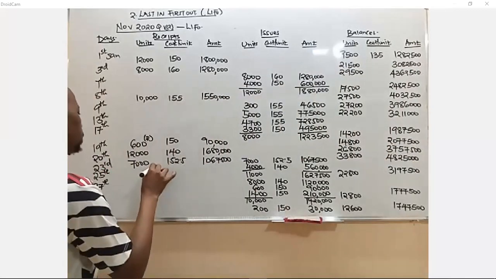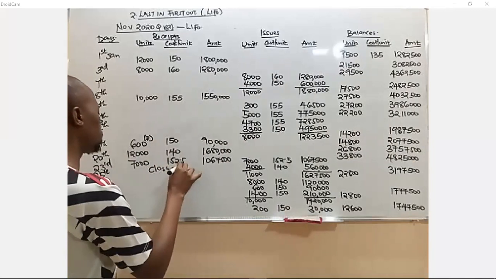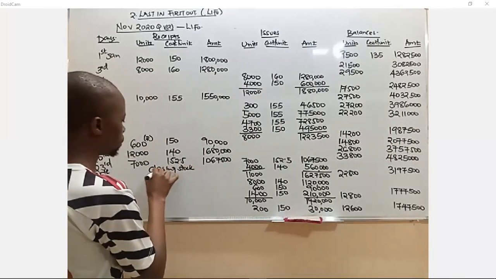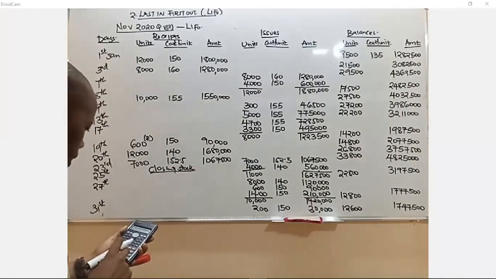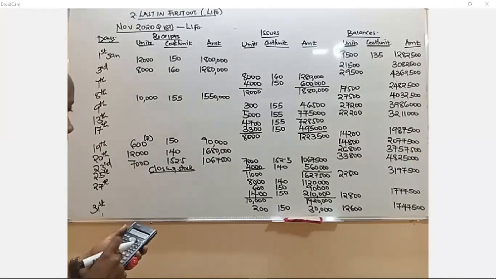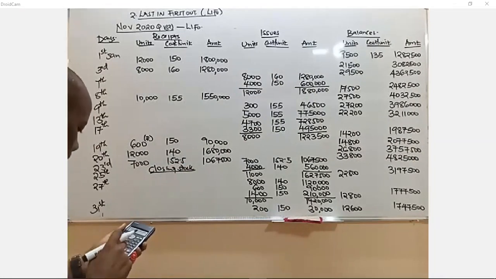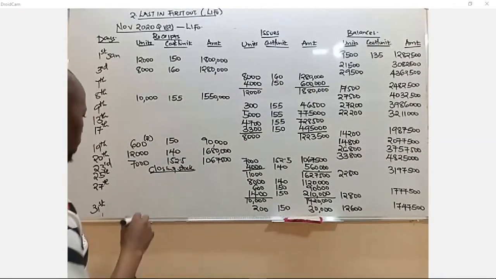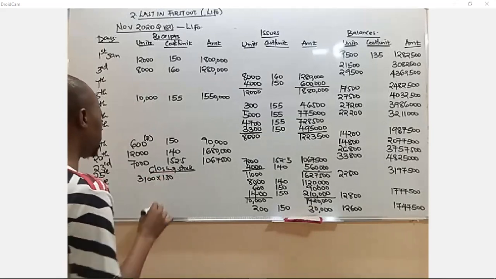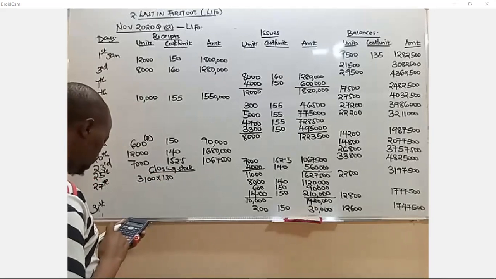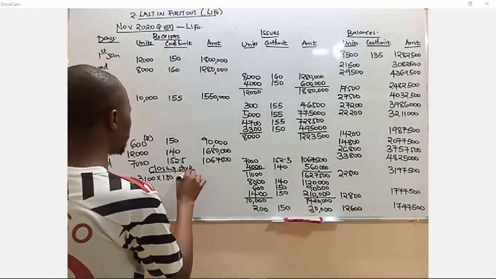Let us look at the closing stock. So when you look at the closing stock, here we said how much remained? 3,100, because it was 4,700 minus 1,400 minus 200, remaining at 100 by 150, getting 465,000.